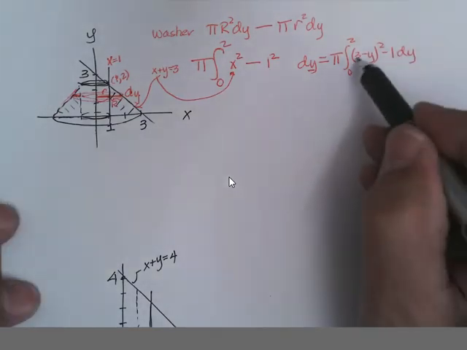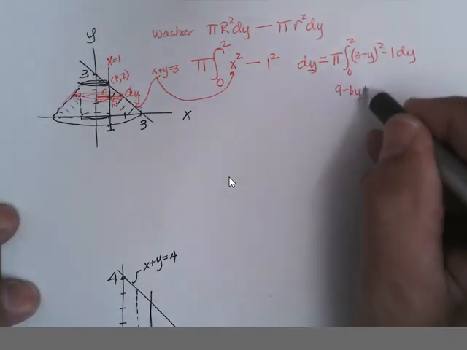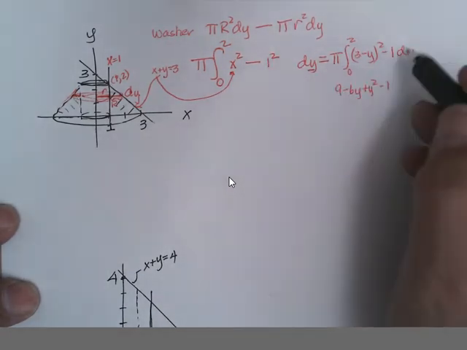And if I work that out, (3 minus y) squared is 9 minus 6y plus y squared, minus 1. That was 1 squared, which is 1, so it's still 1.